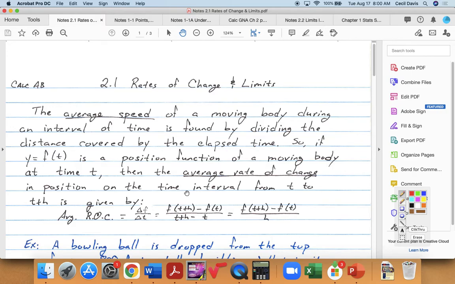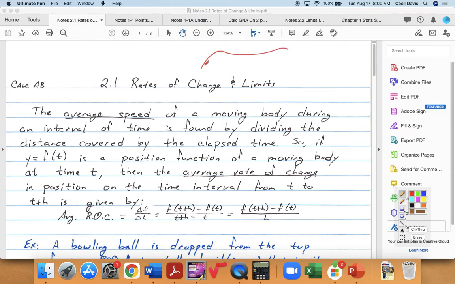Pretty hard. It's the change in the output over the change in the input. That's slope. So what we're really doing here is, if the graph of f, which is the position function over time, looks like this, you don't need to draw this if you don't want to, then the average rate of change between those 2 points is simply the slope of the line that connects them.